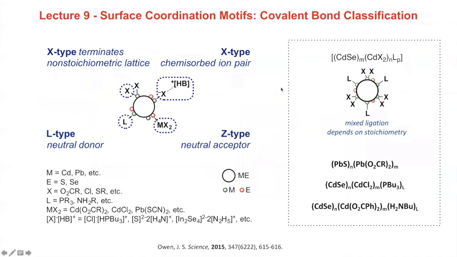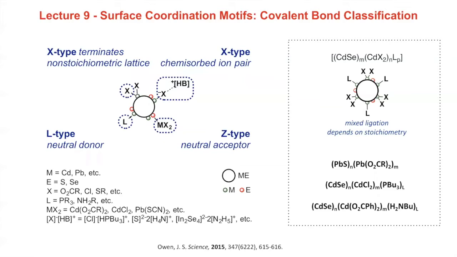There are also steric stabilization modes and ligand binding modes that are really dependent upon achieving charge balance at the particle surface rather than this sort of distributed electrostatic situation.